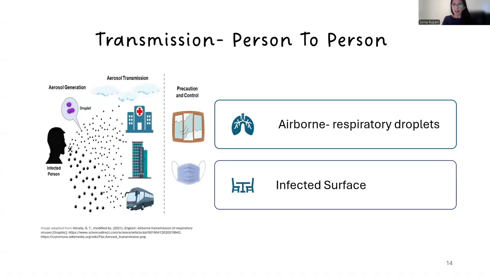Measles is transmitted person to person. It's airborne and spreads through respiratory droplets. If the person has measles, when they cough or sneeze, all those tiny respiratory droplets are out. They travel, and the virus stays alive for up to 2 hours.